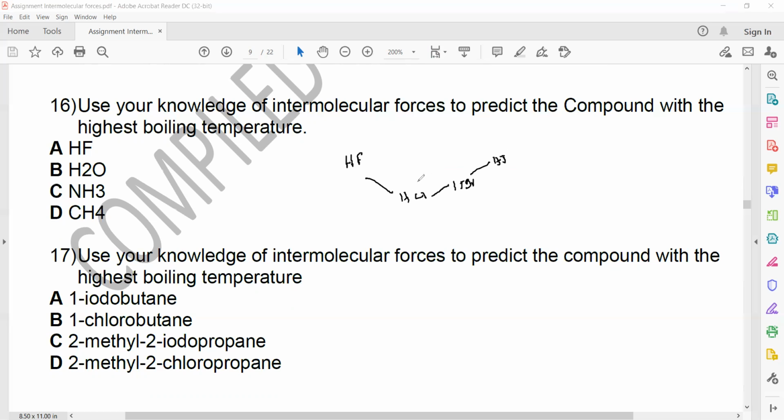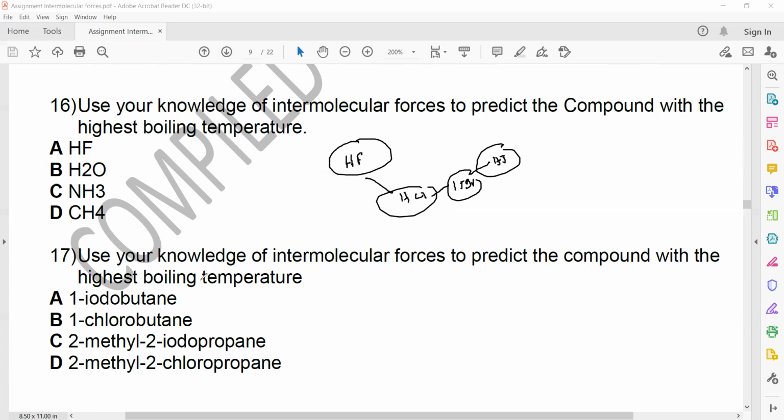Why? Because HF has hydrogen bonding, HCl has dipole-dipole forces, and HBr has dipole-induced dipole forces, which are higher because it has more electrons. HI is the highest in terms of this series apart from HF, because it forms dipole-induced dipole forces with more electrons.